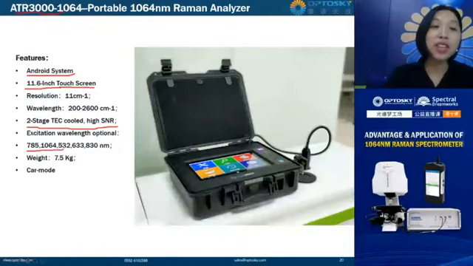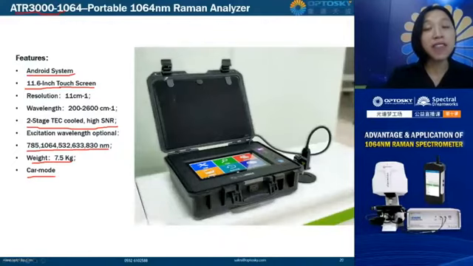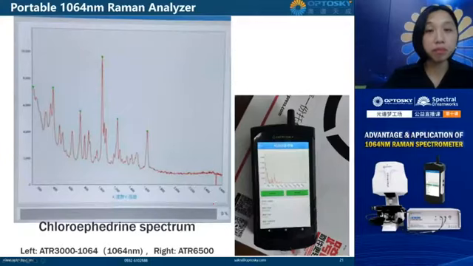It can have 1085, 1064, 532, 633, and 830 nanometers, and the weight is only 7 kilograms, and you can bring it in your car. So this instrument is very convenient, with its compact size and the most complete functions of Raman spectrometers.